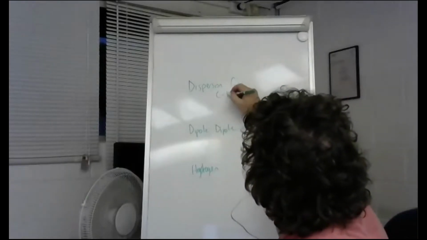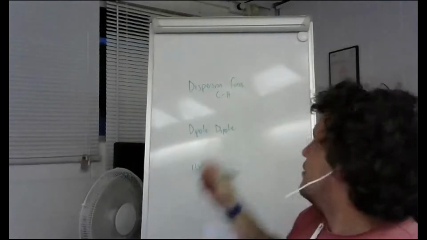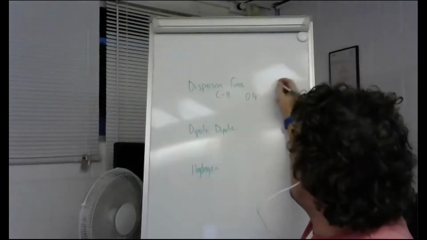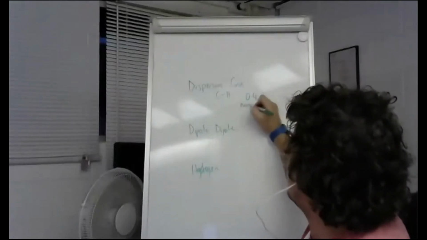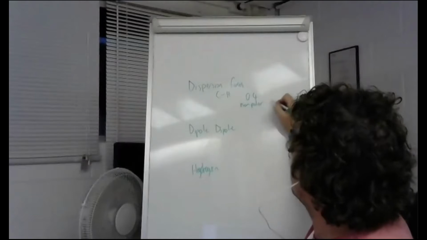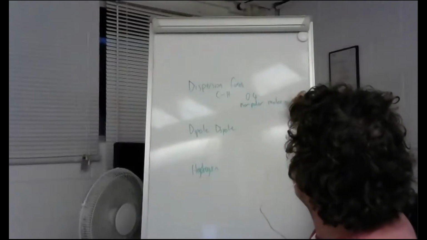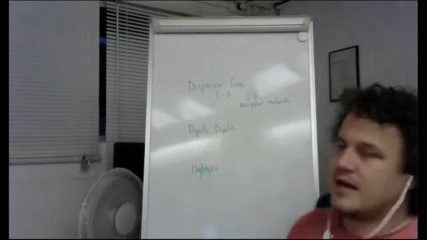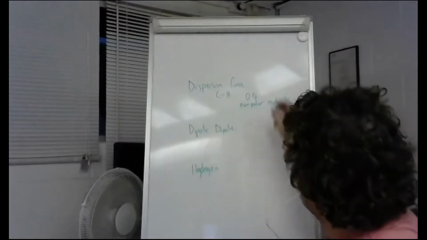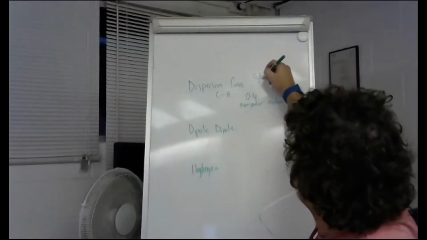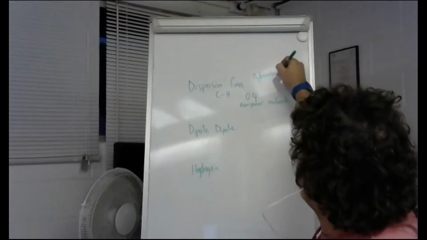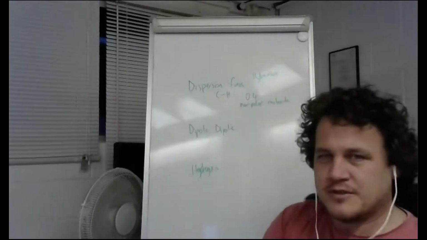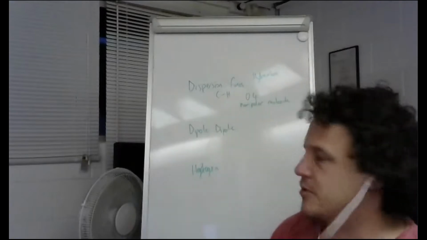Dispersion forces, we have carbon to hydrogen bonds. Difference is 0.4, so it's a non-polar molecule. The hydrocarbons have dispersion forces. The only ones. I mean, all of the others have dispersion forces as well as dipole-dipole hydrogen.